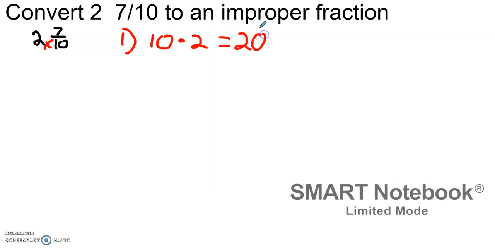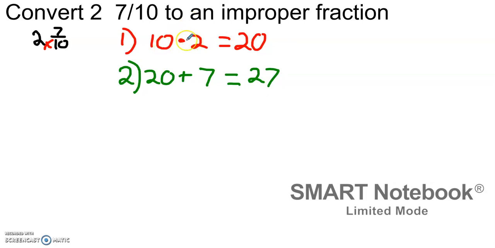Step 2 states that we take the result of step 1, in this case 20, and add our numerator. Here our numerator is 7, so 20 plus 7 gives us 27. Now let's do a quick review before we go on to step 3.